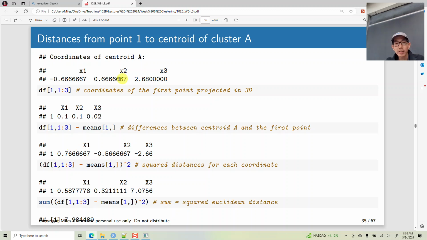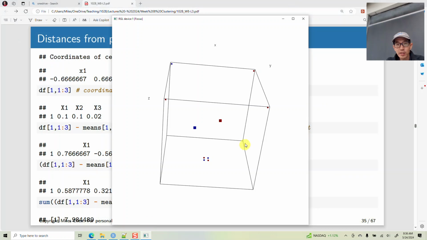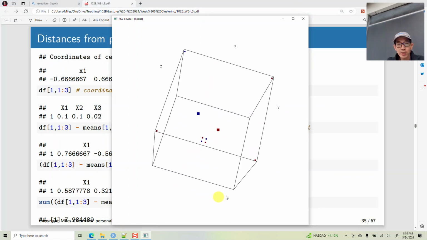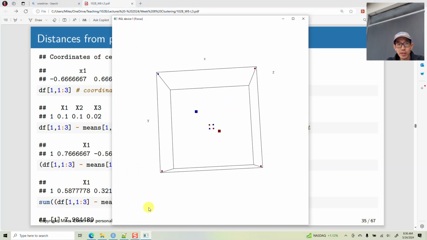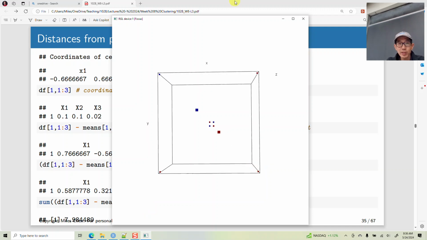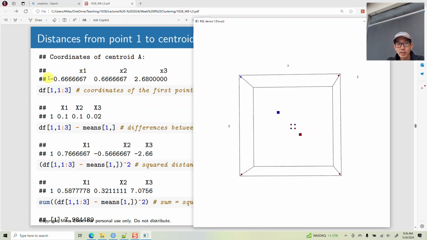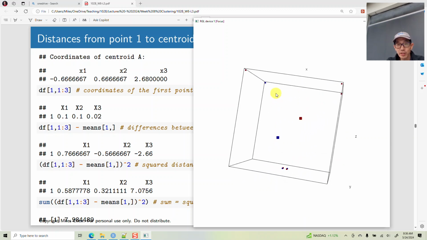So here I can calculate, okay, what are the coordinates of the blue centroid? The coordinates of the blue centroid are, top down, negative 0.667, positive 0.667, and then your z coordinate would be 2.68.